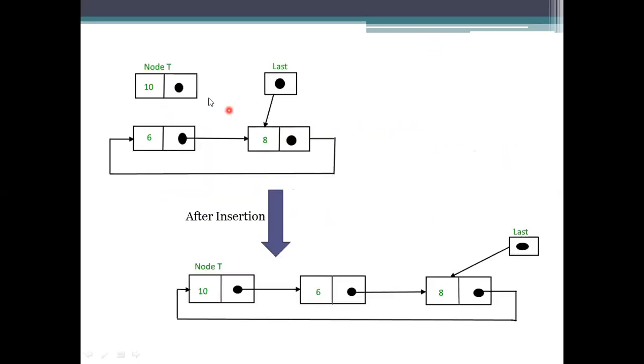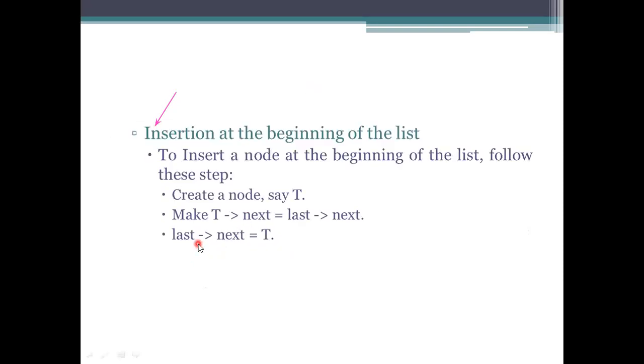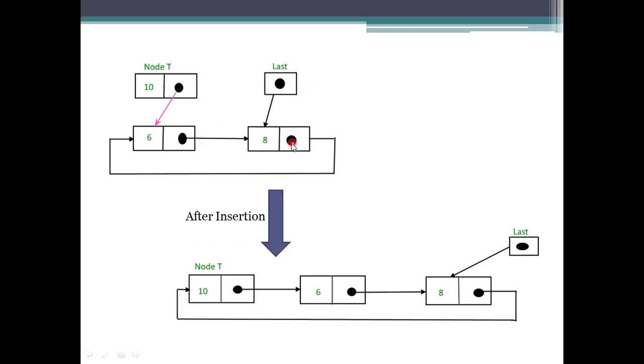So what we have already said, T node's next pointer is, what we are specifying, last node's next pointer. So first we need to point to this one. Next, it is specifying that last next will be T, node T. This is the last. This is the next one we are representing.